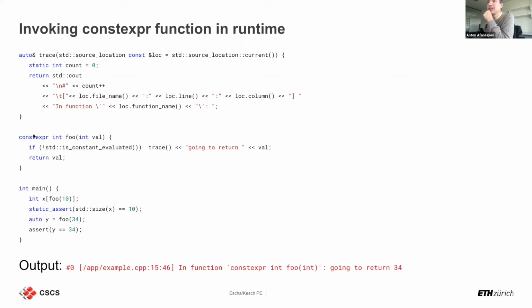Let's assume that we have some constexpr function foo that we are going to use everywhere. We are going to use it in the constant evaluation context, like here, and in runtime as well.